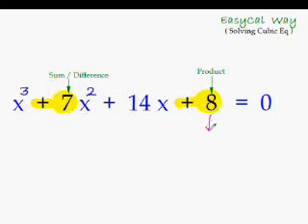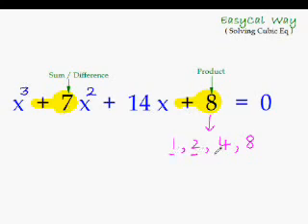So the factors of 8 are 1, 2, 4 and 8. Since in this cubic equation we only have plus signs, positive signs, we can concentrate on just the sum. So obviously the sum of 1, 2 and 4 is 7.